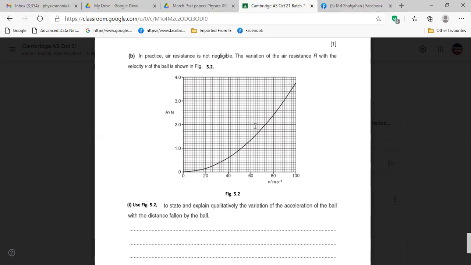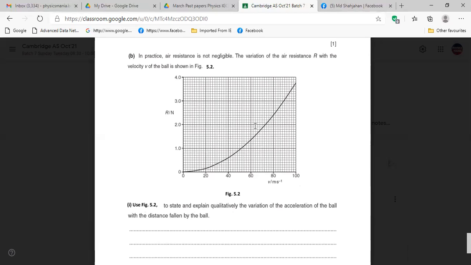So use your figure for 5.2 to state and explain qualitatively the variation of the acceleration of the ball with the distance fallen by the ball. This graph is giving you velocity and resistance. You have to relate it with acceleration and distance fallen. That means how much it went downwards, right? Sir, I just wrote the acceleration decreases.